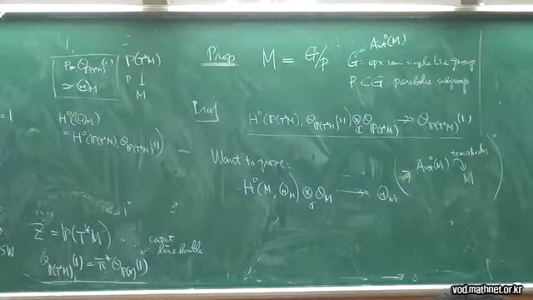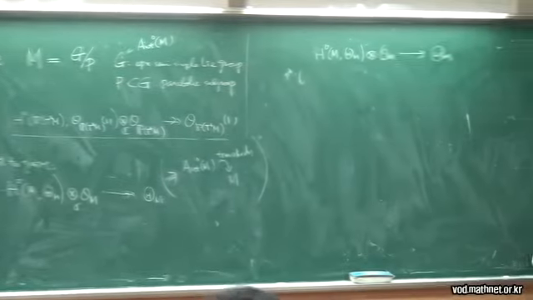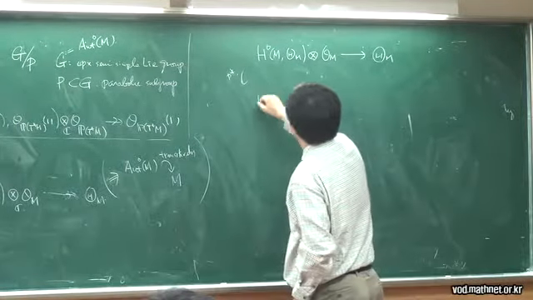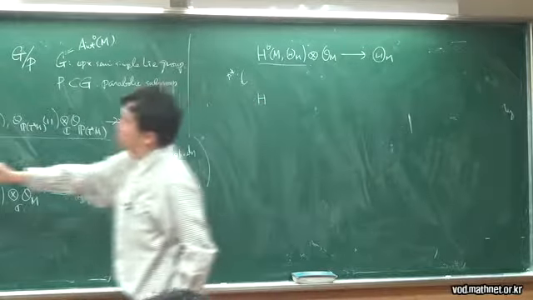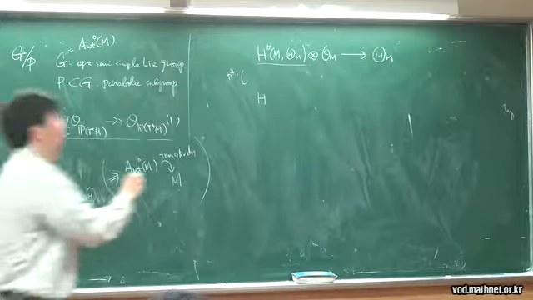And so let's take P star, pulling back this homomorphism. Then we get this part can be replaced by this.